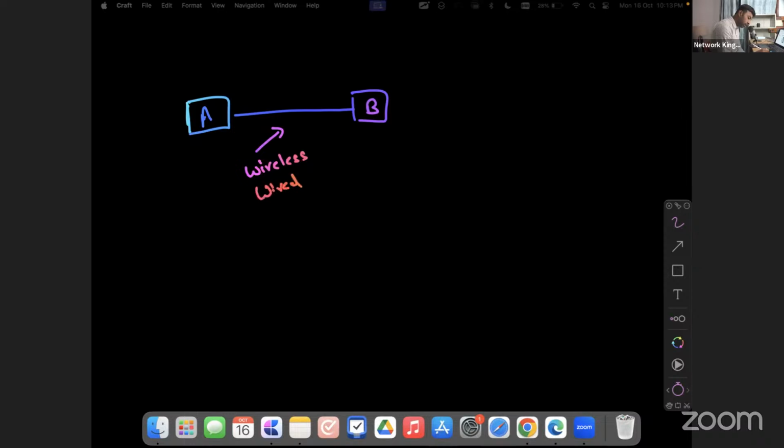Suppose two computers are connected, computer A and computer B, with wireless or wire. We call this wireless or wired. So this is also a network. So what is a network?